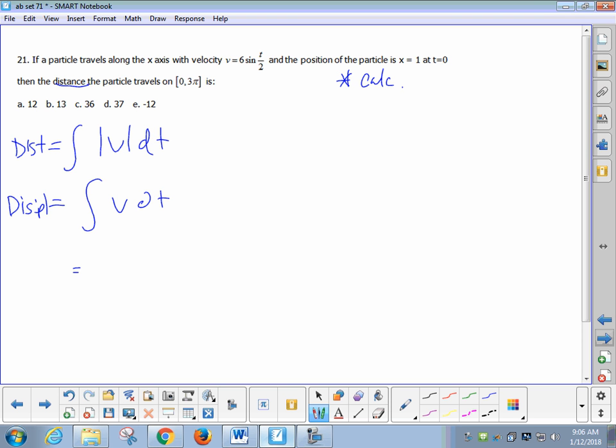Now here's the big error. If you did initial position plus the integral from 0 to 1 of 3 pi of v, what is that? It's where you started plus your displacement or change in position. Starting plus change in position gives you ending position. Okay? Starting position plus how your position changes gives you ending position.